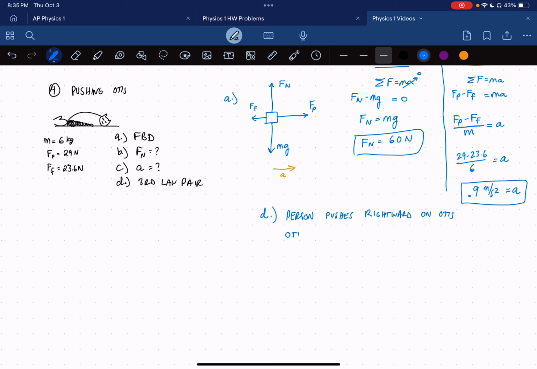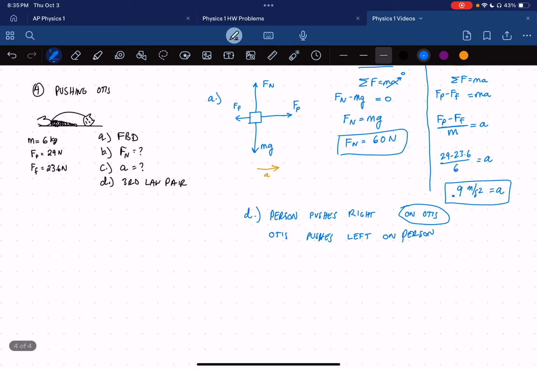And so Otis pushes, let's not say rightward, let's just say right, pushes left on person, or the hand, or whatever. Okay. Trying to move this. There we go. Okay. Person, Otis, right. Otis on the person is left.